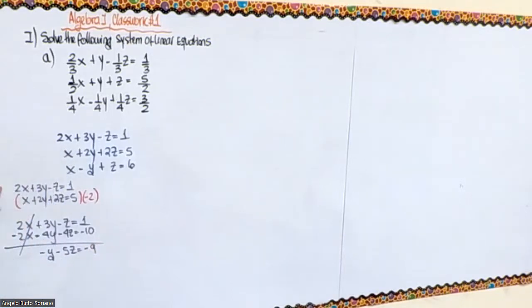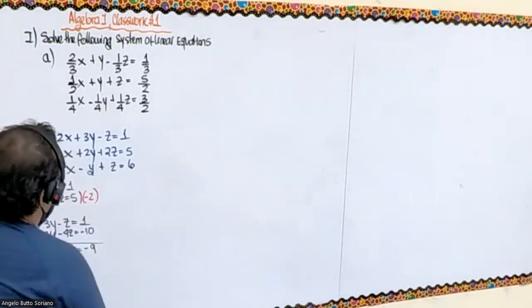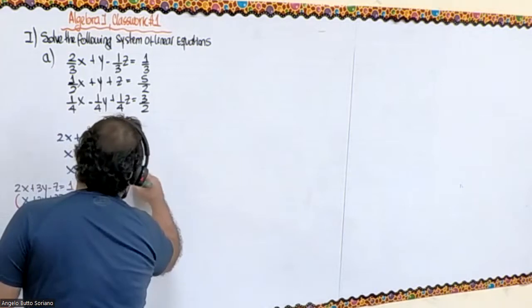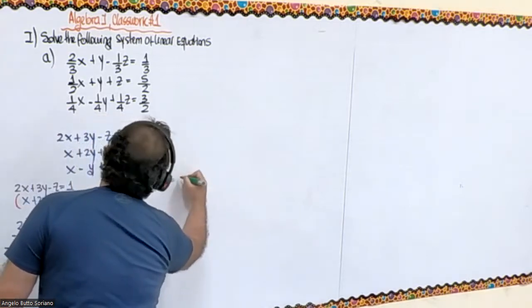We are taking the first equation with the second one. Okay, and we get negative y, negative 5z equals negative 9. Now I'm going to copy the first equation, 2x plus 3y minus z equals 1.